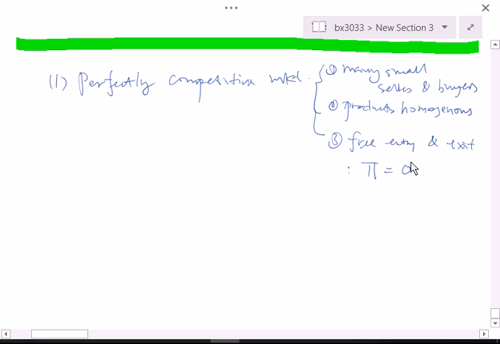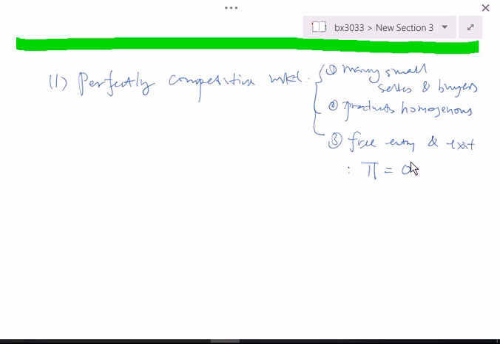Okay, our main problem is that if I'm a firm in a perfectly competitive market, then how much output should I produce such that I maximize my profit? So that's the main problem. We want to find the solution.